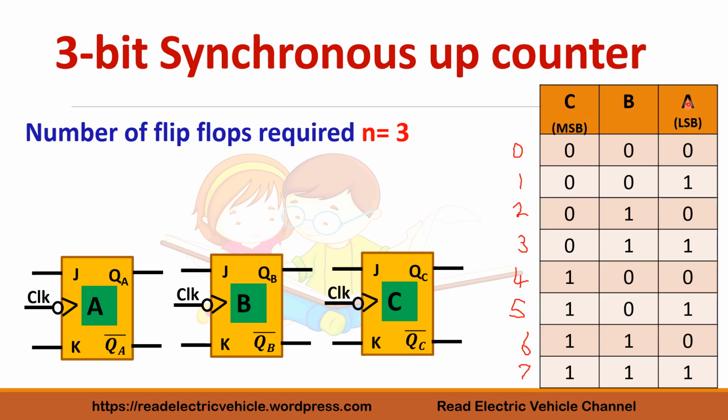For any binary number, normally we mention the most significant bit on this side and the least significant bit on this side, that we know. But I have kept the A flip-flop, the least significant bit, on this side, so that the circuit will be very simple. You can generally follow this pattern itself.